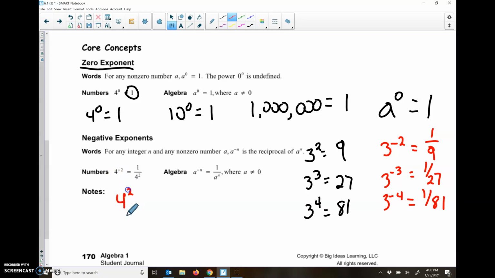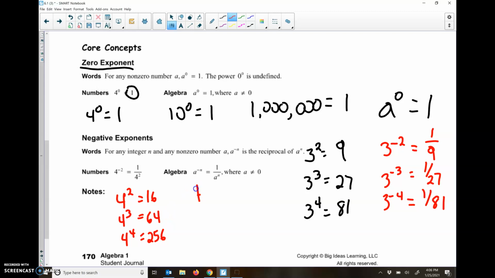So same thing, if I did 4 squared, and 4 to the third, and 4 to the fourth, well, 4 squared is 16, and then 16 times 4 is 64, and then 64 times 4 is 256, and the same thing works for negative numbers.